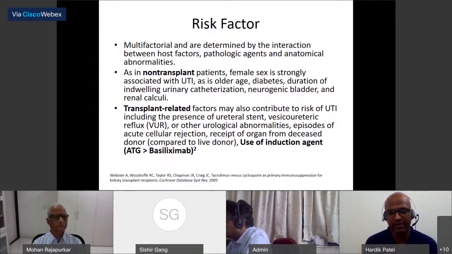Transplant-related risk factors are the presence of DJ stents, presence of reflux or a bladder disorder, patients developing rejections or receiving treatment for rejections, and sometimes infection can be donor-derived, especially in the cadaveric situation. And use of an induction agent: although it is not known to cause bacterial infection, there are definitely enough studies which show that ATG has more UTI compared to basiliximab.